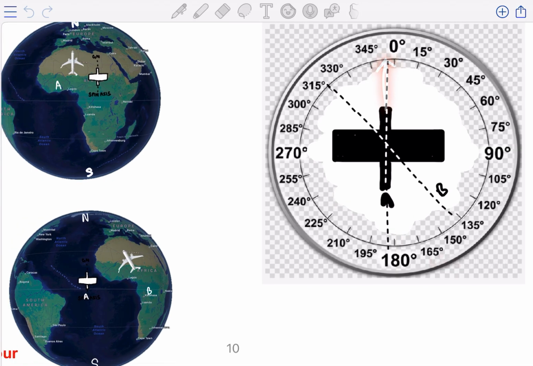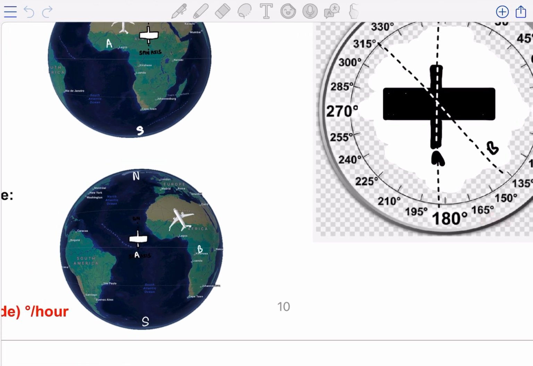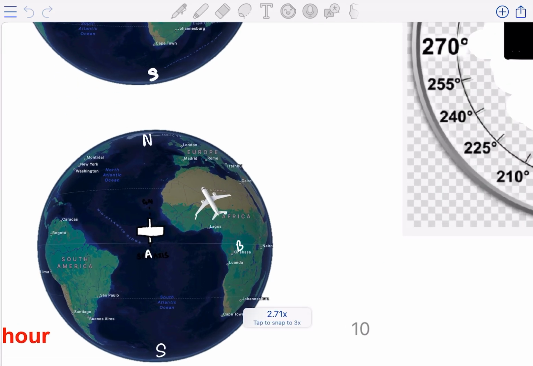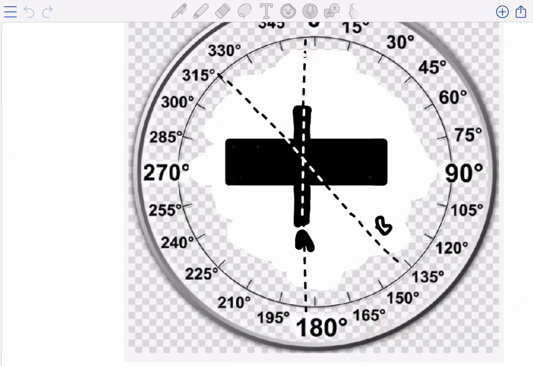we know that the earth is rotating at 15 degrees per hour. As the earth rotates on its own axis, the gyro spin axis still remains in the same direction in space.